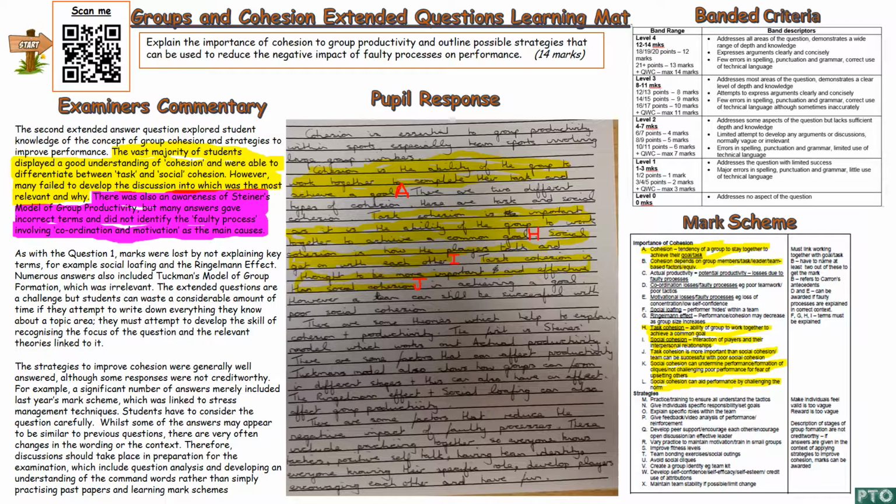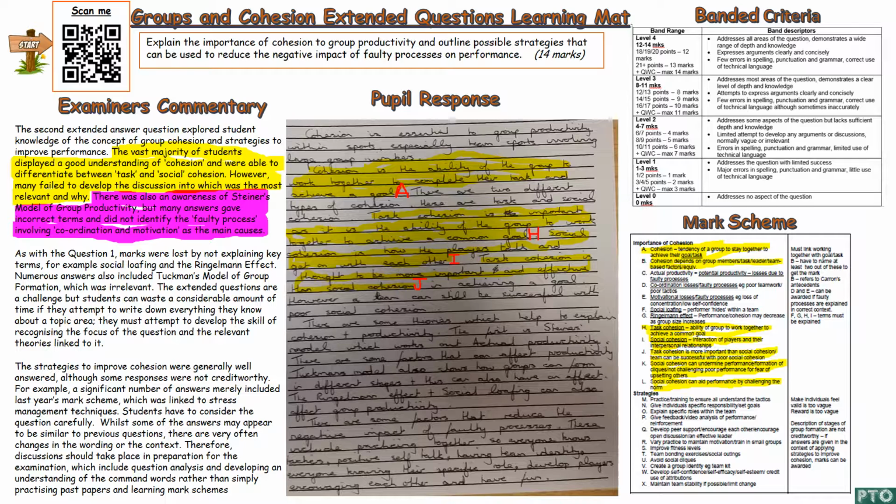So the purple section that I've just highlighted says, in the examiner's commentary, that pupils' responses showed an awareness of Steiner's models of group productivity, but answers gave incorrect terms or didn't identify faulty processes, coordination, or motivation losses. So that was quite a common theme.